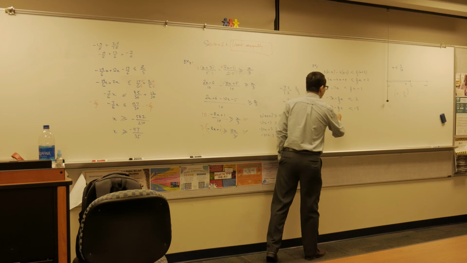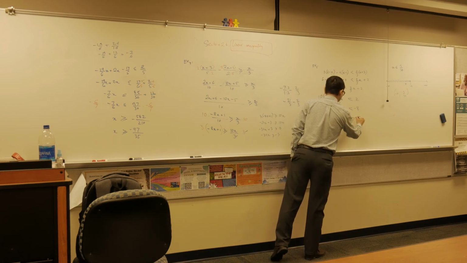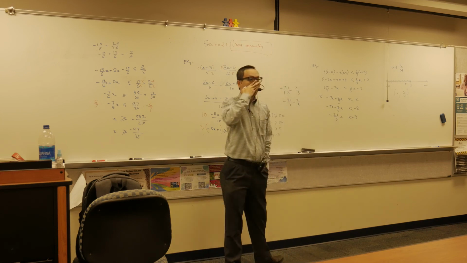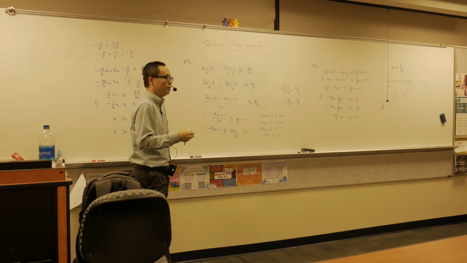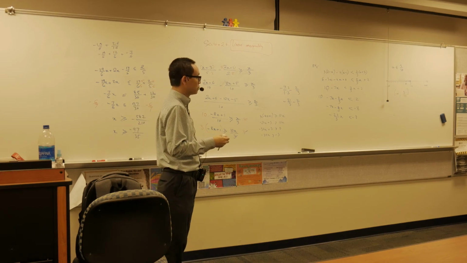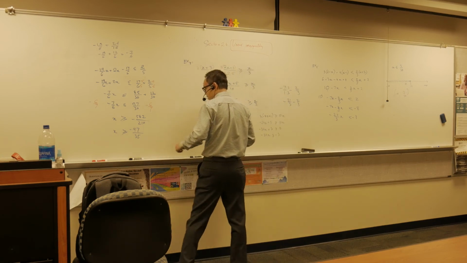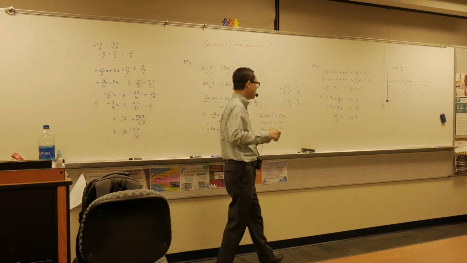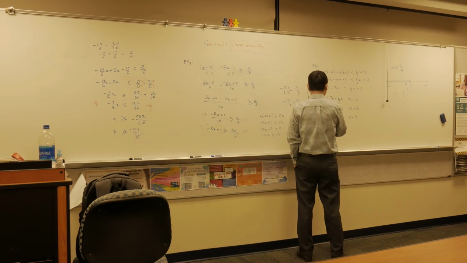So you have negative 23 over 3 less than negative 8. Good. Alright. Now I just go ahead and multiply both sides by negative 3 over 23.